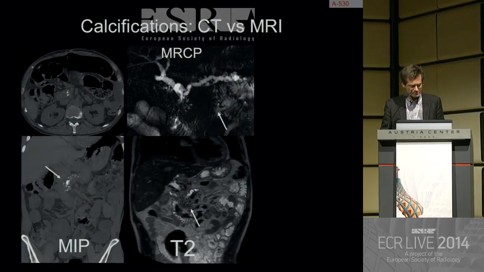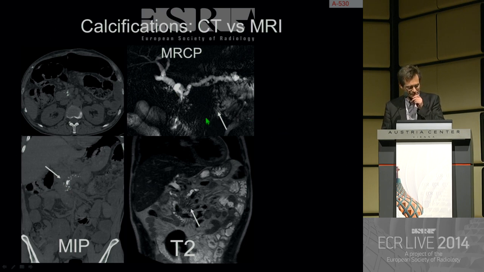So just a few examples. MRCP and MRI is not at all a good technique for detecting calcifications. We have just an example here. You can detect them very nicely on MDCT with the reconstructions.